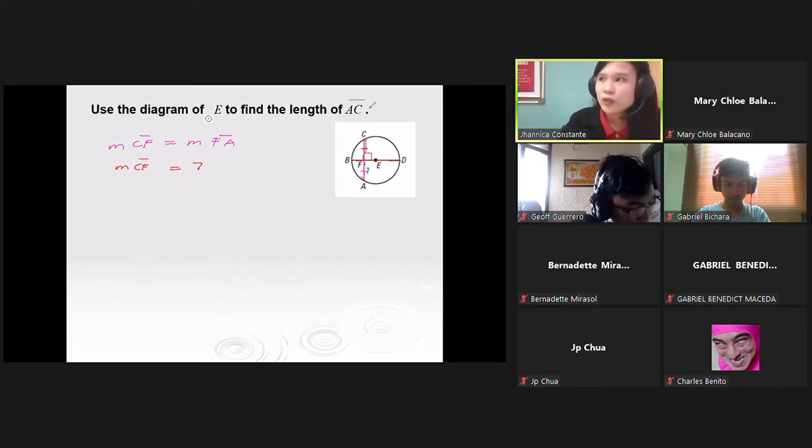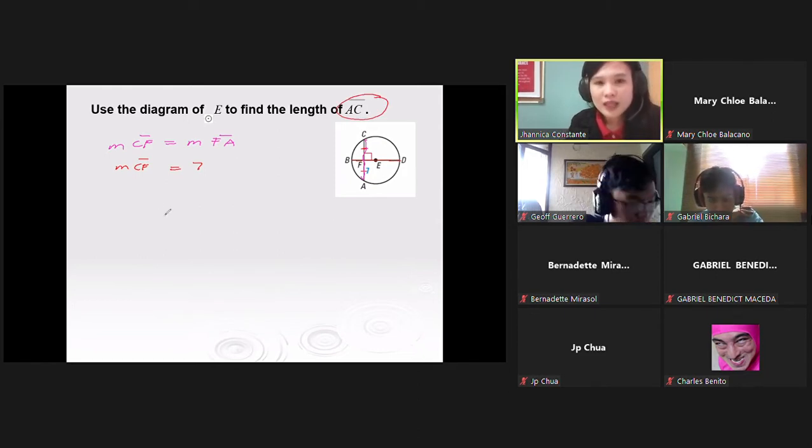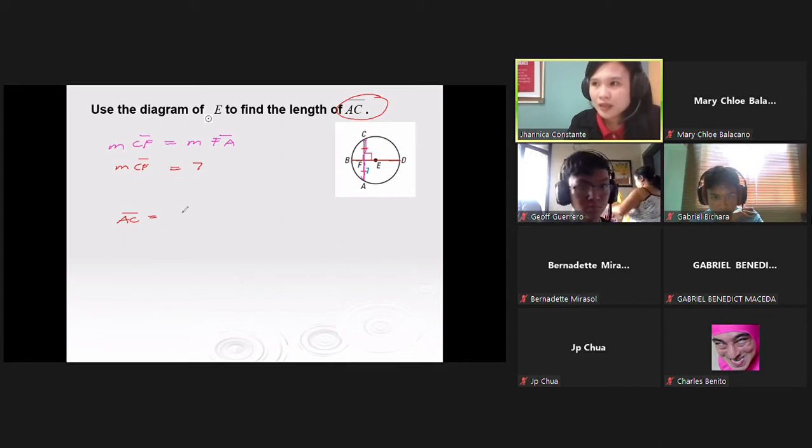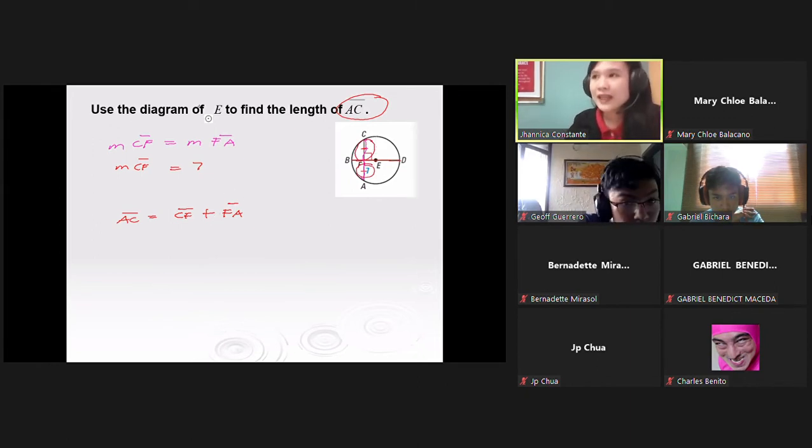But what we're looking for is the measurement of the entire chord AC. AC is being divided into two line segments, which are line segment CF and line segment FA. Those are the two line segments that are being produced by our perpendicular line or our diameter BD in our circle.